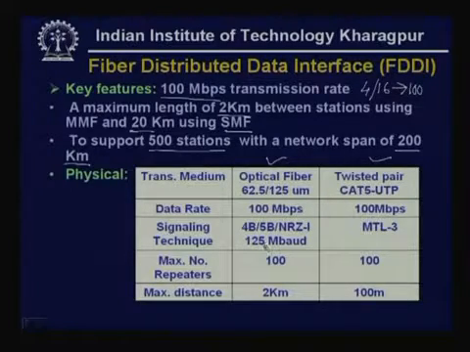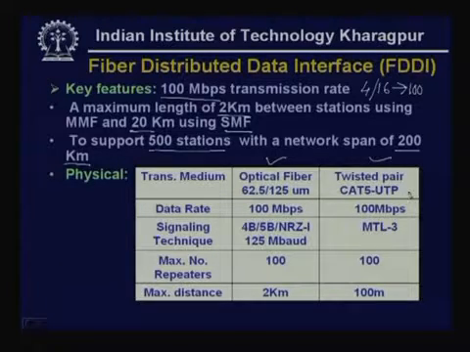In case of optical fiber, it uses two levels of encoding, 4B/5B, that is one level of encoding, and NRZI, that is line encoding and block encoding. Both are being used here to generate data at the baud rate of 125 megabaud. I shall discuss it in more detail.